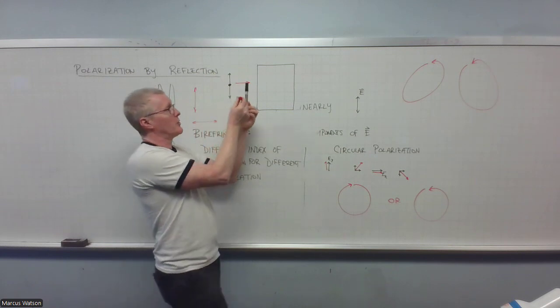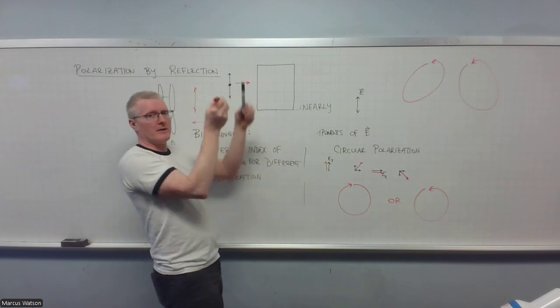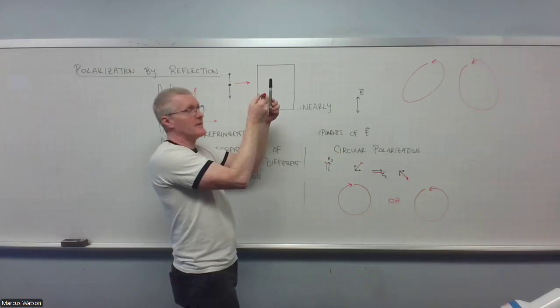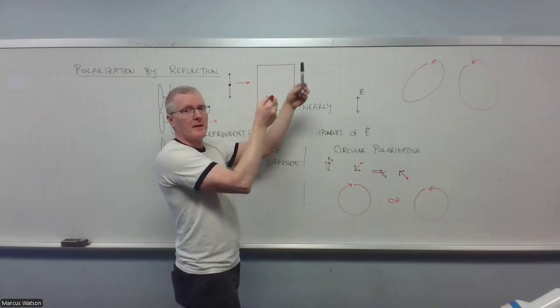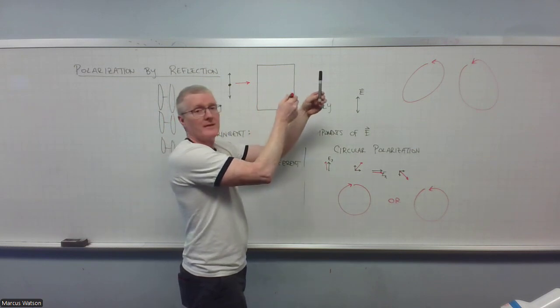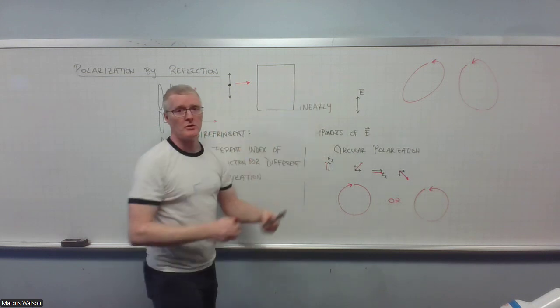So it's going to be oscillating up, down, up, down, and then they're going to hit the material. This one's going to go up, down, up, and it's going to be out, whereas this one's going to go up, down, up, down, up, down. Now there's going to be a phase difference between the two waves.